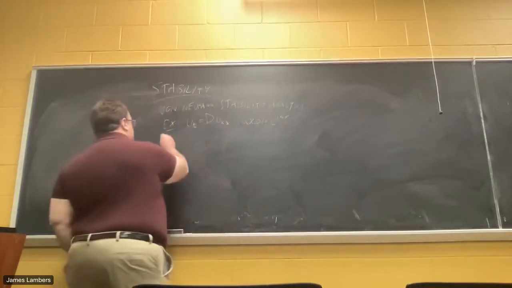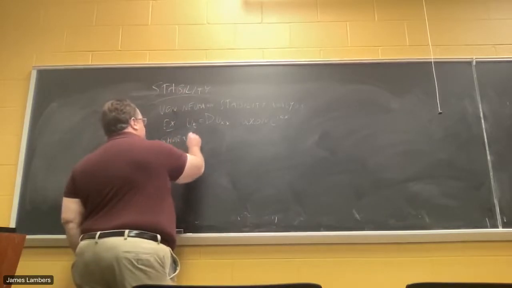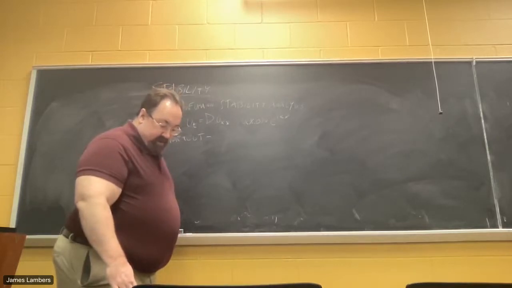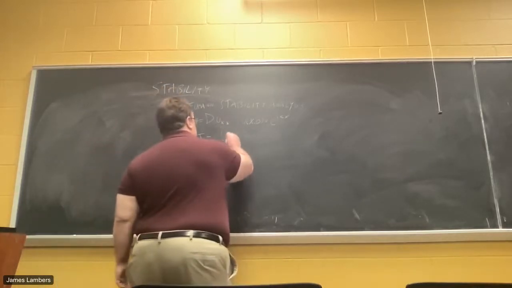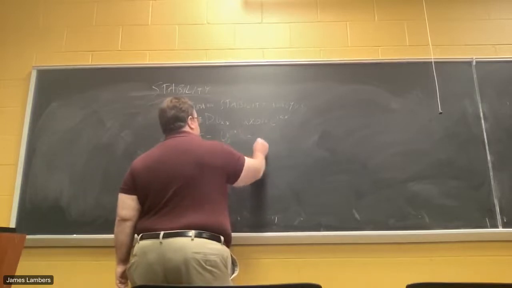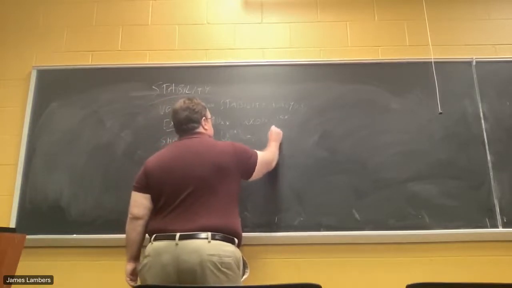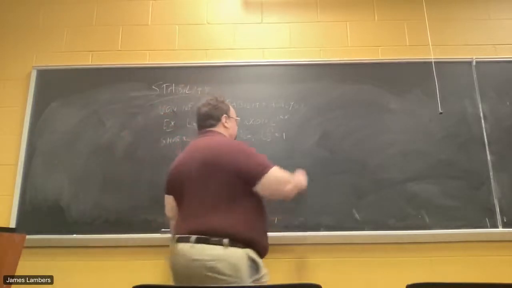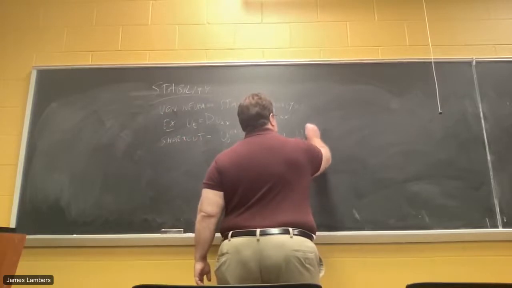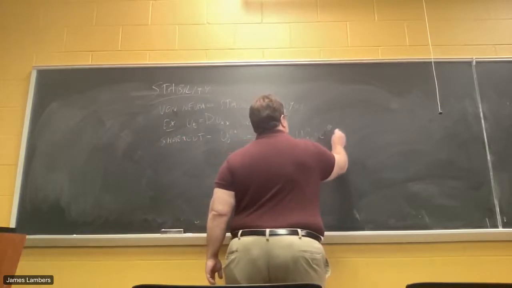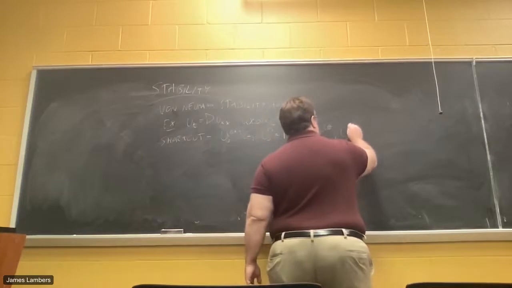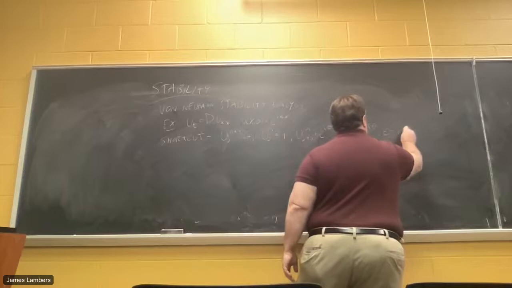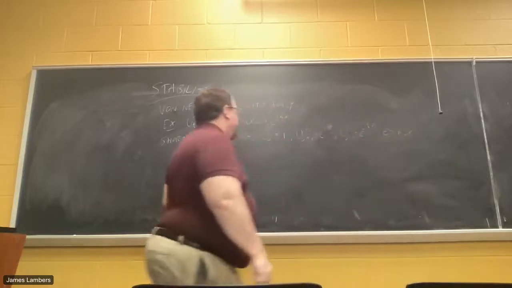So a shortcut approach, which I kind of hinted at in what I just did, is to just set U_j^{n+1} equal to G, U_j^n equal to 1, U_{j+1}^n is e^{i theta}, U_{j-1}^n is e^{-i theta}, where theta is k delta x.